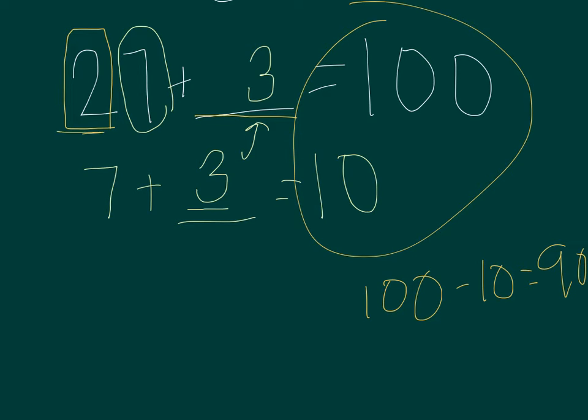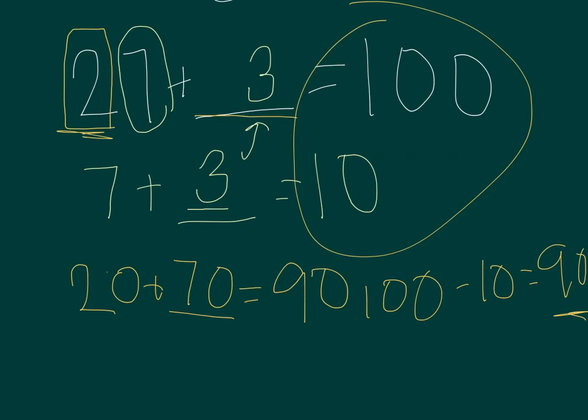So I only need to worry about 2 or 20 plus something is going to give us 90, because that's all we have left to find. We've already found 10 of that 100. So I would know that 20 plus 70 equals 90. So my answer, I would take that 7, and I would get 73 as my answer.